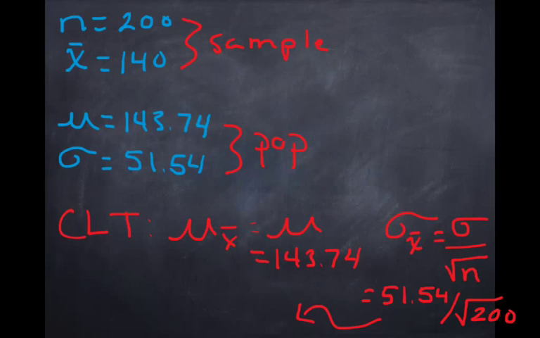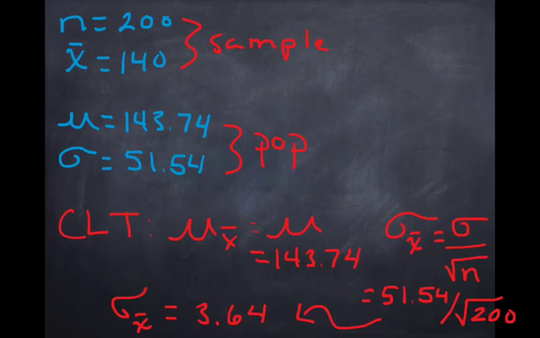I'm going to just put the amount over here. It's kind of messy looking. You can figure it out. If you take the standard deviation divided by the square root of your sample size, you should get 3.64. And so there's our standard deviation for our sample mean x bar.